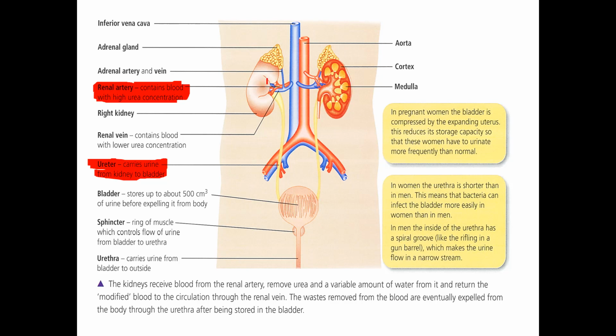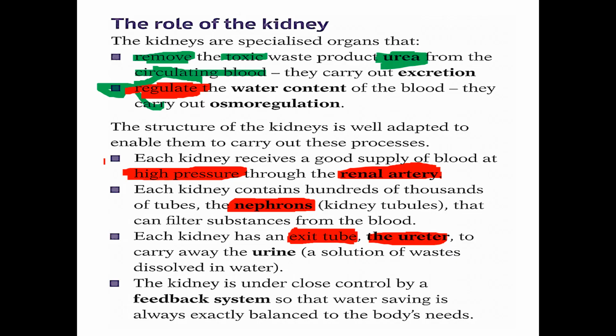The nephron will filter the blood, then will send the urine out through the ureter. The kidney is under close control by a feedback system, so that water saving is always exactly balanced to the body's need. What do you mean by feedback system? In the questions we will answer that.